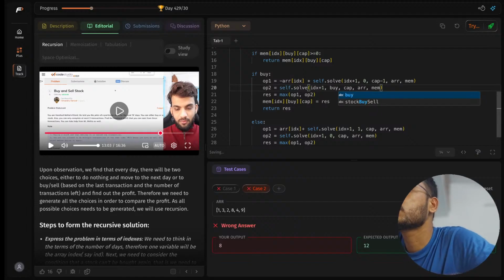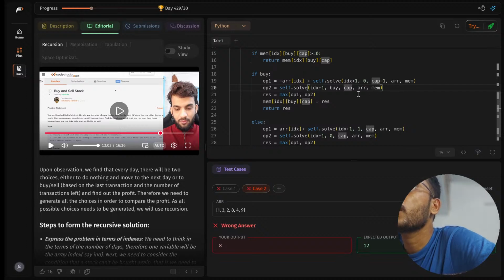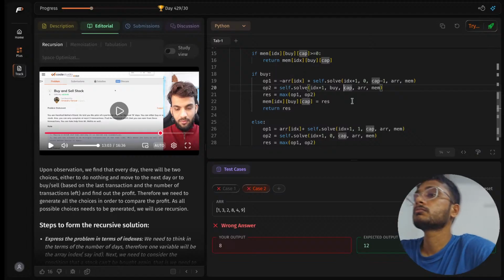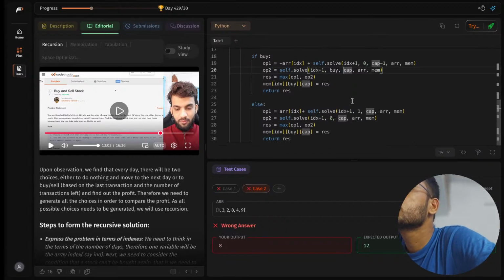You can still buy. Capacity will remain same. Array mem index buy. Okay, array of index you are adding if selling, and index will move further, and now you have option buy.